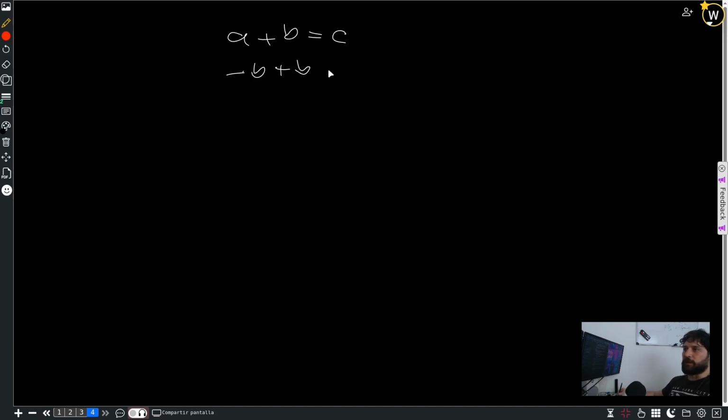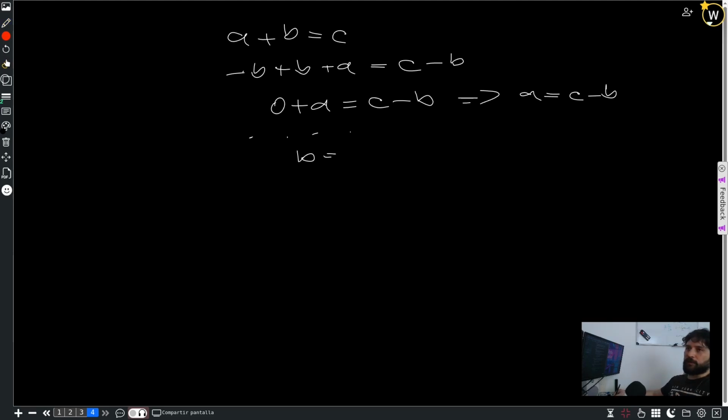Minus b plus b, I can express it this way because of the associative property, and c minus b. This would be a equals c minus b, or 0 plus a equals c minus b. This means that a is equal to c minus b. And following the same approach, we could conclude that b is equal to c minus a.